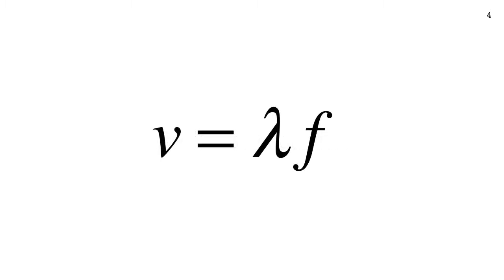All right, so here's the basic wave equation. The speed of propagation, V, is equal to lambda, the wavelength, times the frequency. Now, we've talked about wavelengths. You know, the 10 feet or the 12 feet between Caroline and Darien.